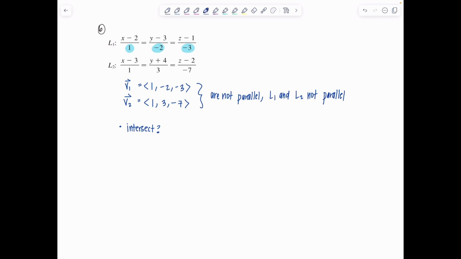So remember, each of these little quantities from the symmetric equations is equal to t. So let's go back to the parametric equations. t equals x minus 2 over 1. Also, t equals y minus 3 over negative 2.